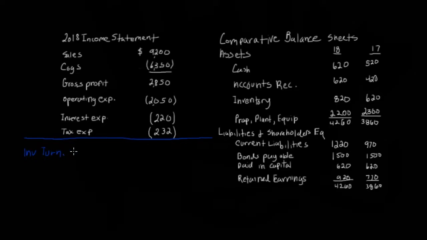I'm going to shorten this to inventory turn, or INV turn, just because of the limited space I have. It's just a little bit easier and a little bit quicker. But this is just the cost of goods sold. You take this, the first step. Sorry, not 3,000. 6,350.